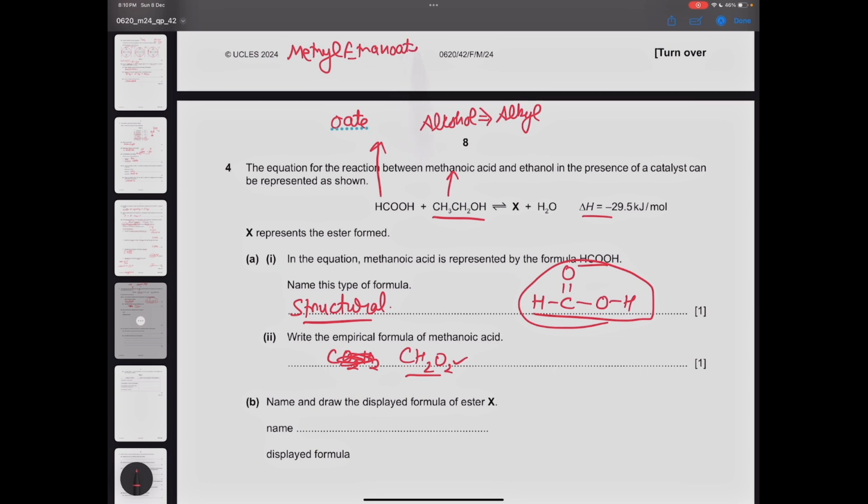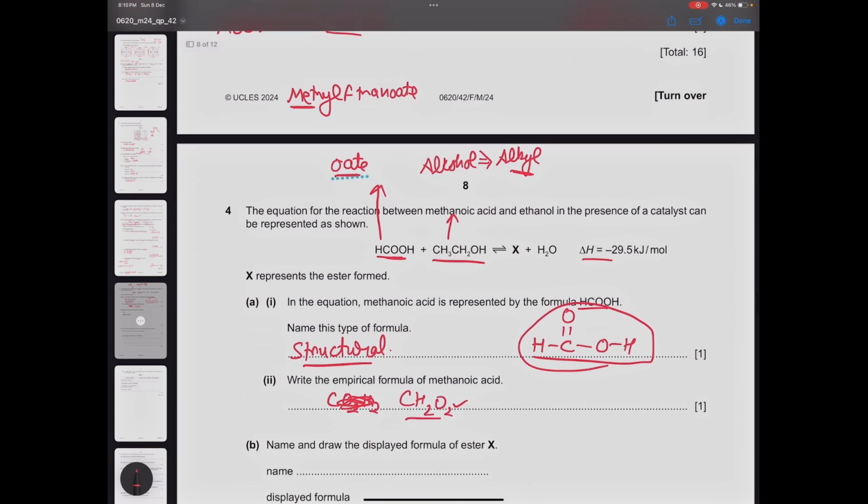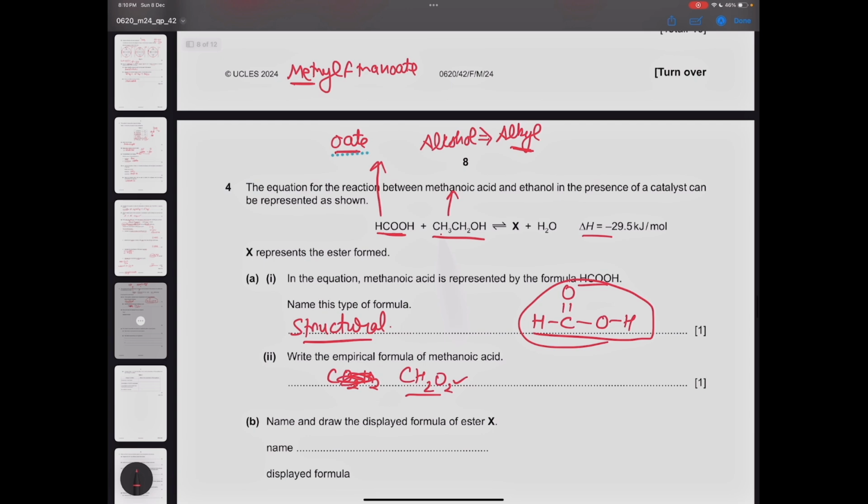Now, I'm just giving you a short trick, that alcohol gives you the yl part. So this is methyl. Now you get the point. This must be made from methanol, right? And the acid gives you the oate part. So this ethanoate must be made from ethanoic acid, right? Now just think about it. This is ethanol, so this should be ethyl in the ester name. This is methanoic acid, so it should be methanoate.